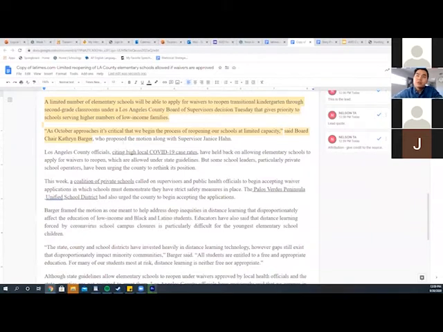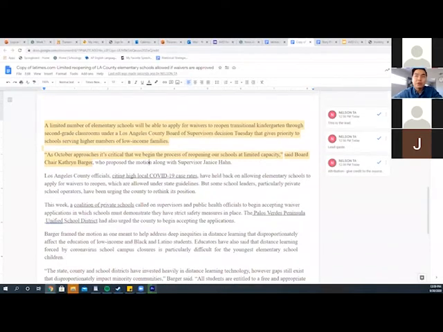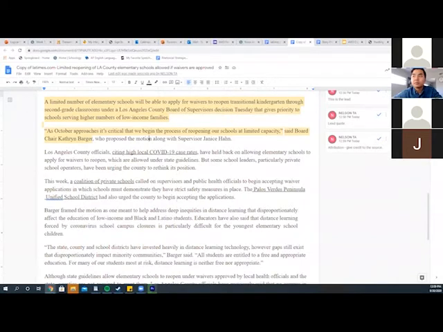Los Angeles County officials, citing high local COVID-19 case rates, have held back on allowing elementary schools to apply for waivers to reopen, which are allowed under state guidelines. But some school leaders, particularly private school operators, have been urging the county to rethink its position.